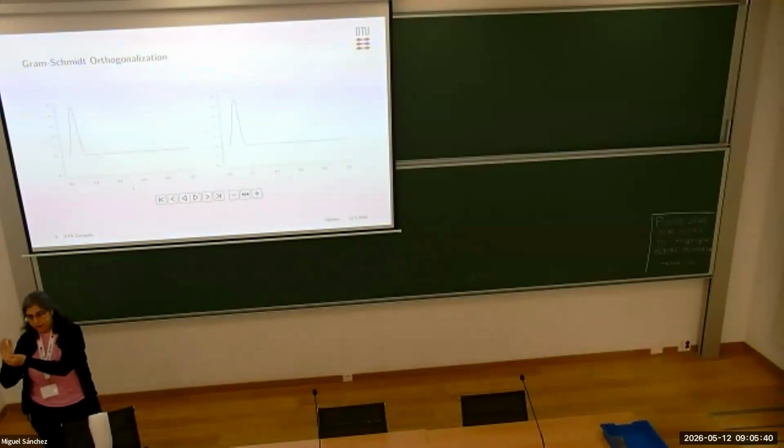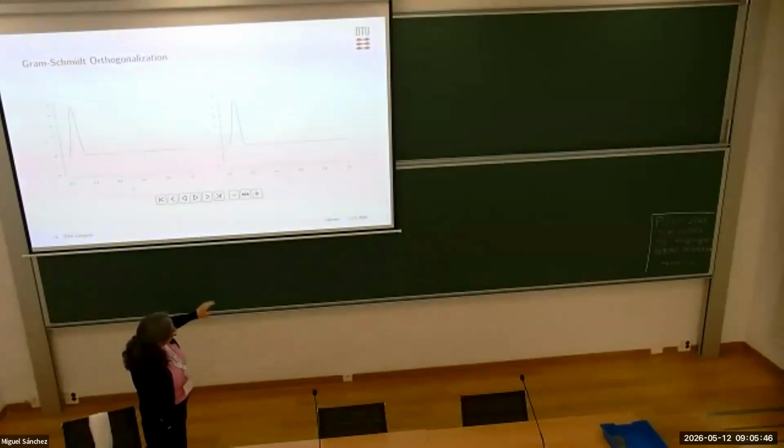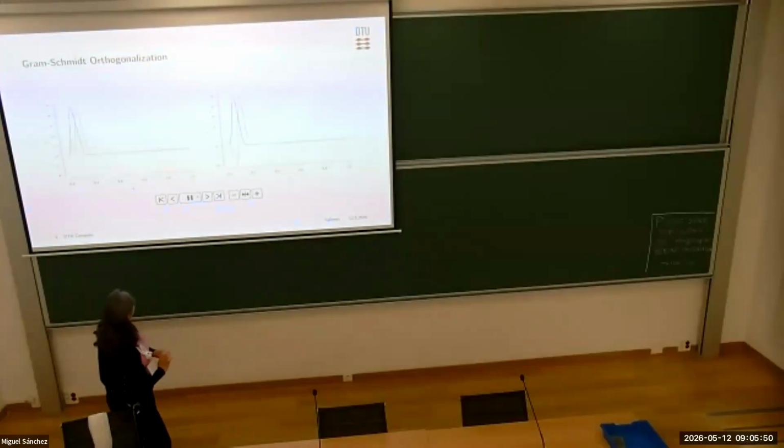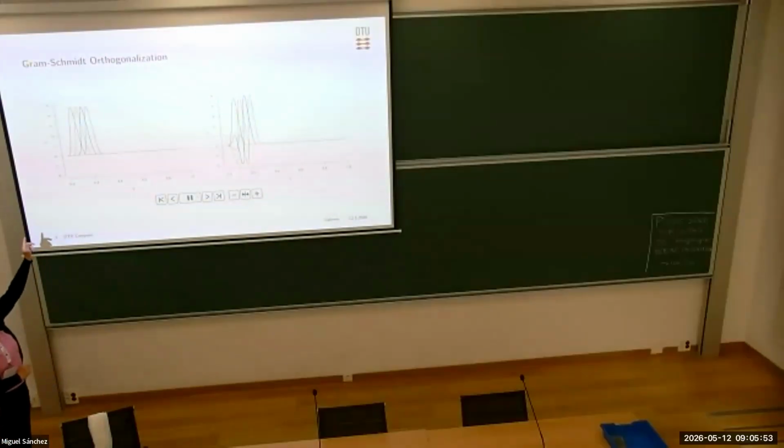Then move to the third, orthogonalize it with respect to the first and the second, and so on. So this is exactly what you will see here. Hopefully it will work. Yes, so you get the first spline, and then take the second, orthogonalize with respect to the first, the third with respect to the first and the second, and to the end.